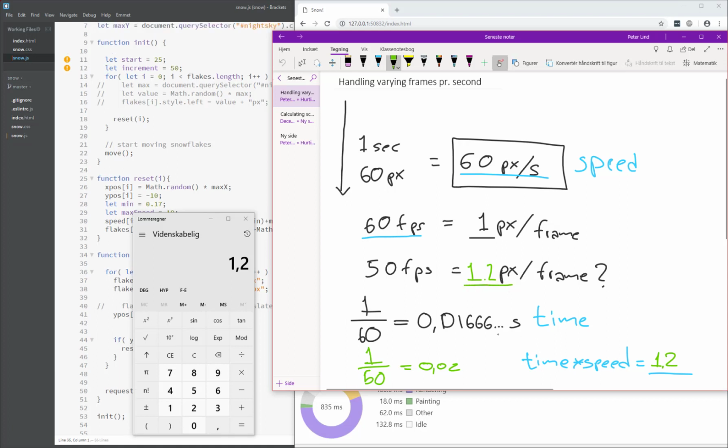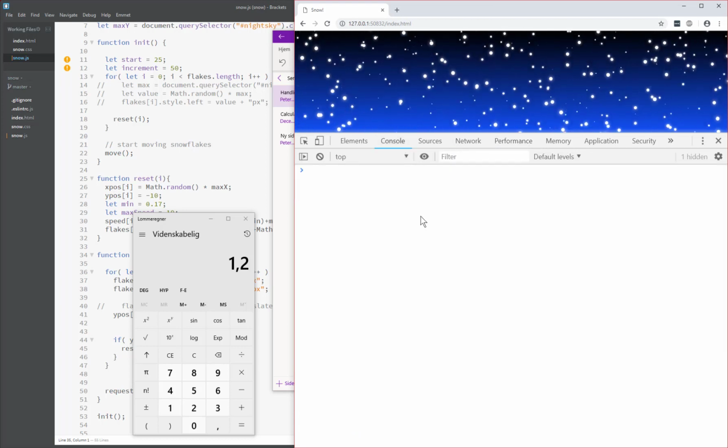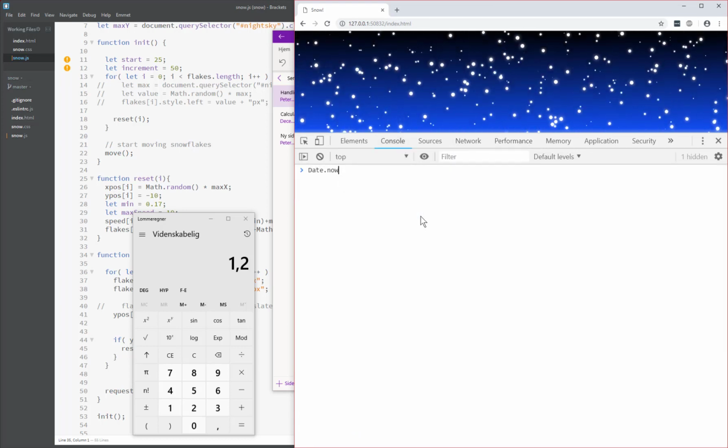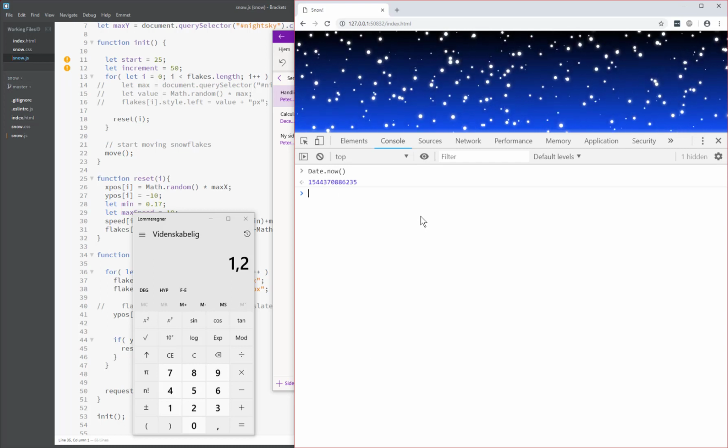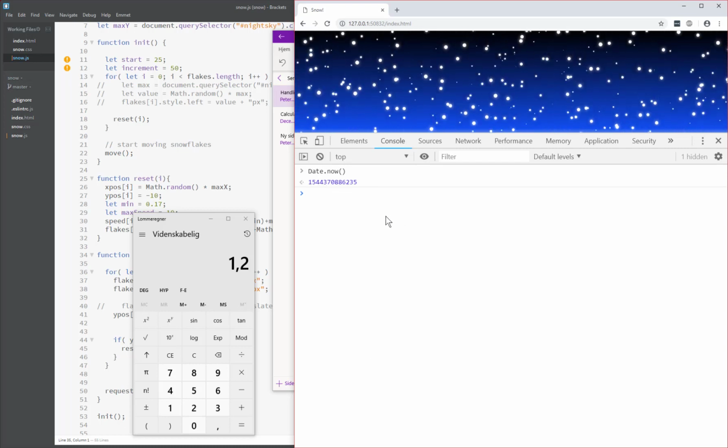So the question is, how do I get this time between frames? Well, I could ask for the time right now. That would be date.now. That gives me the number of milliseconds since the 1st of January 1970.